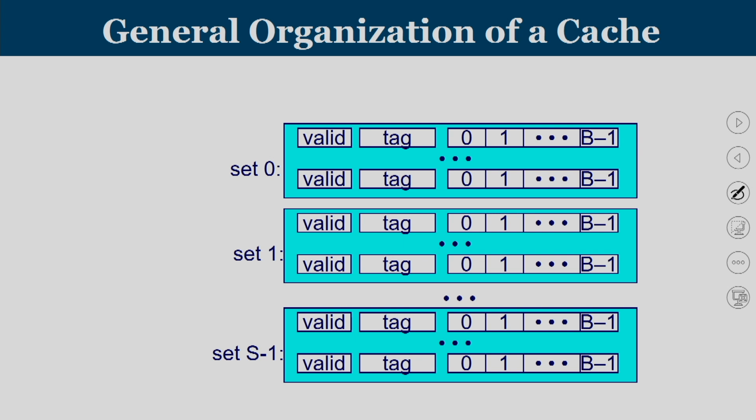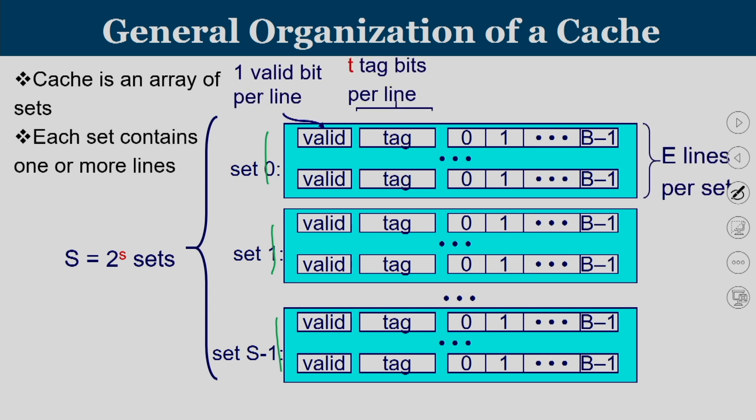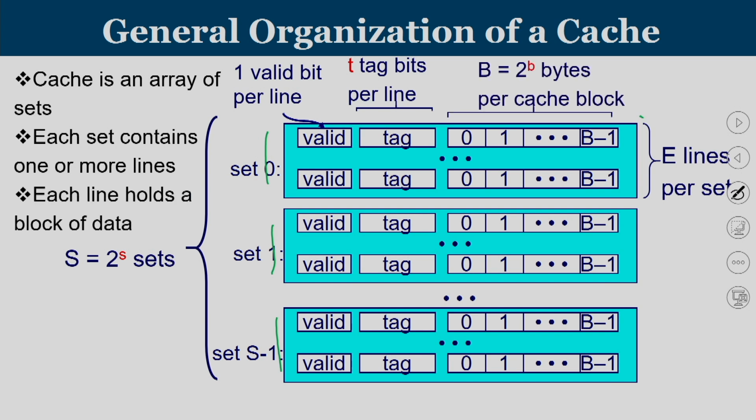We will see the general organization of a cache. Your cache memory is an array of sets. This is what we know as a set: set 0, set 1, like that. So, you have many sets in a cache, and each set can have multiple lines or multiple blocks, and each line can have multiple bytes of data.